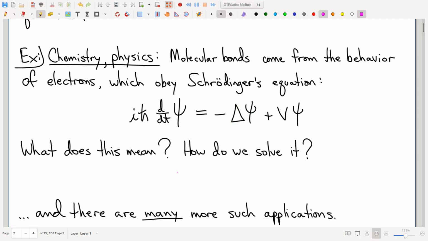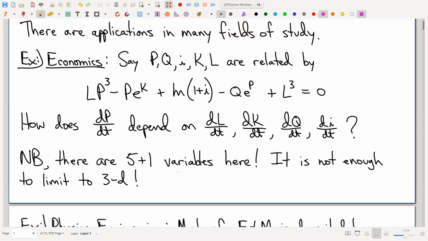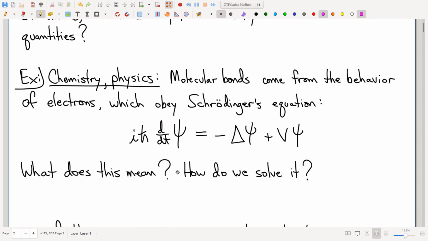Okay. All right. So, again, my goal with these three examples here is to try to persuade you that multivariable calculus is not just a minor sort of supplement to single variable calculus, right? There are big questions, field specific, like in econ and engineering and physics and chemistry, where multivariable calculus is critical.